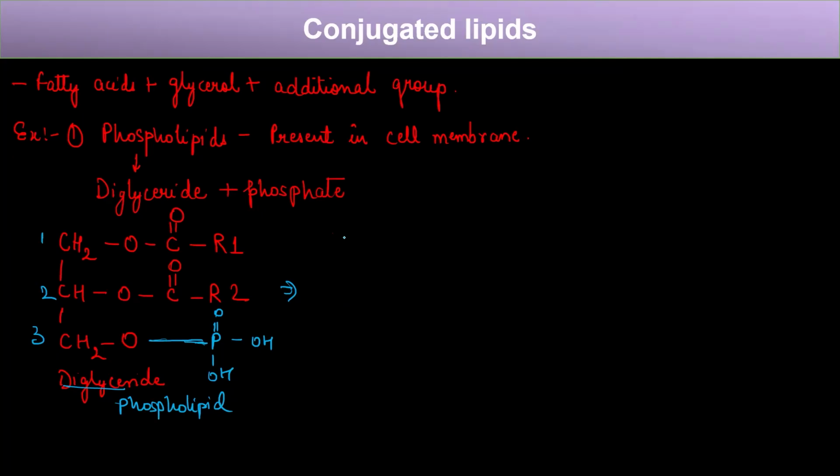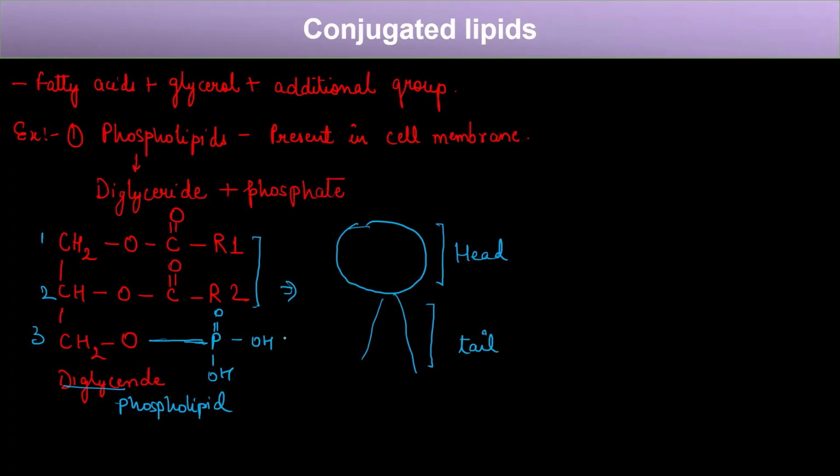When we were studying the cell membrane, we saw that the lipid looks something like this. This circle we called the head, and the head is this region. Then this is called the tail, represented by this region.